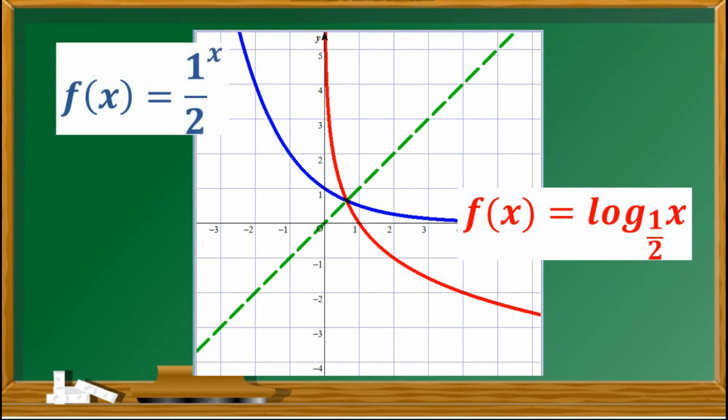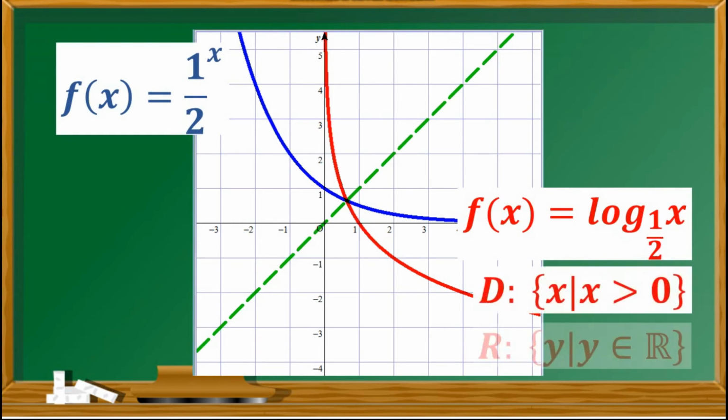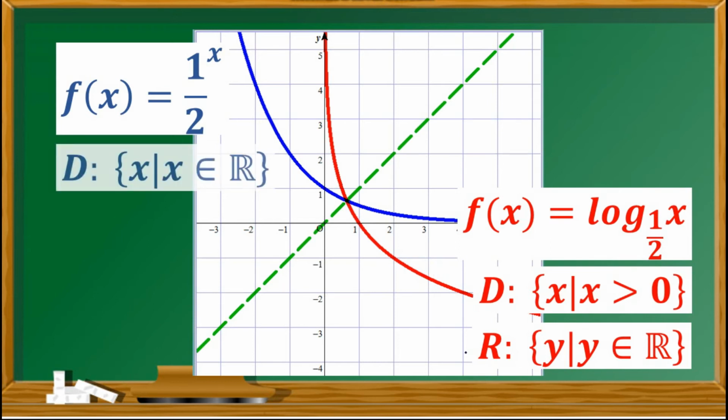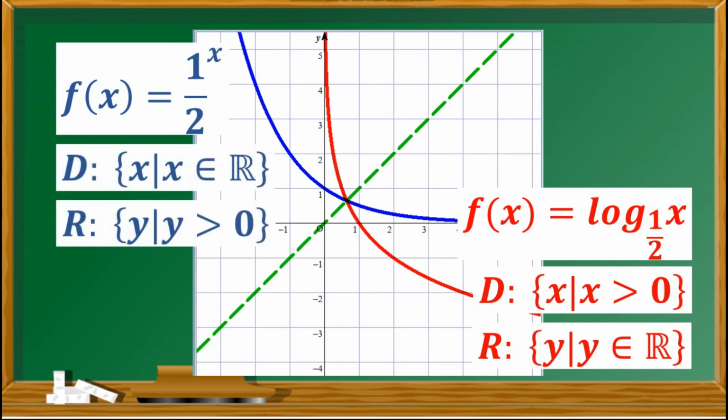So as we can see in our discussion, the domain is x greater than 0, the range is the set of real numbers. And as for its inverse, which is the exponential, we just simply switch the domain and range. So we have the set of real numbers as the domain and y greater than 0 as the range. And if we compare their graphs, it's very obvious that we have inverses.